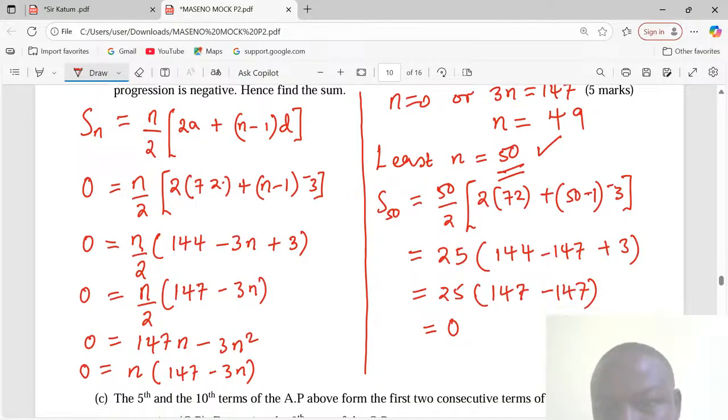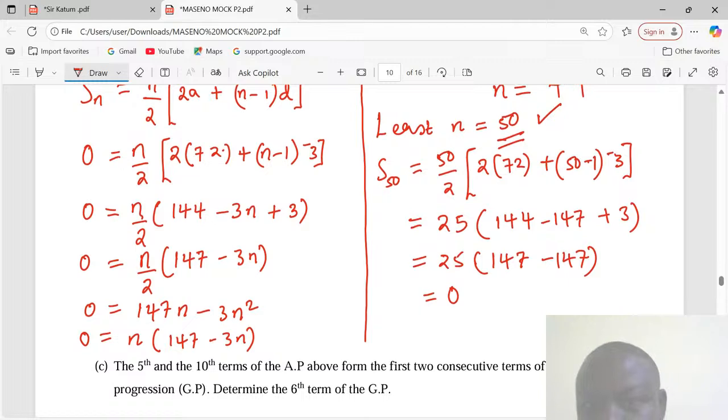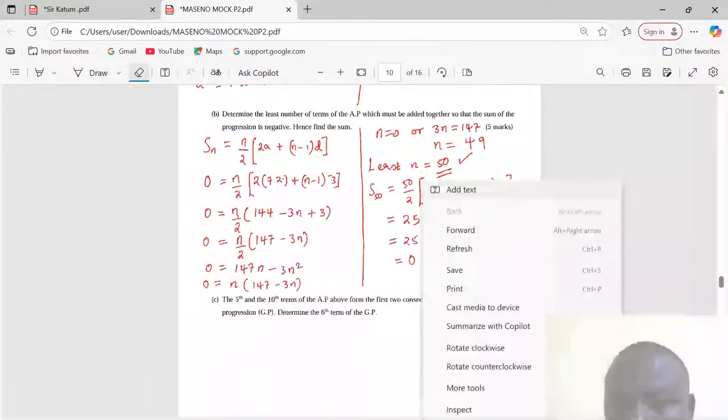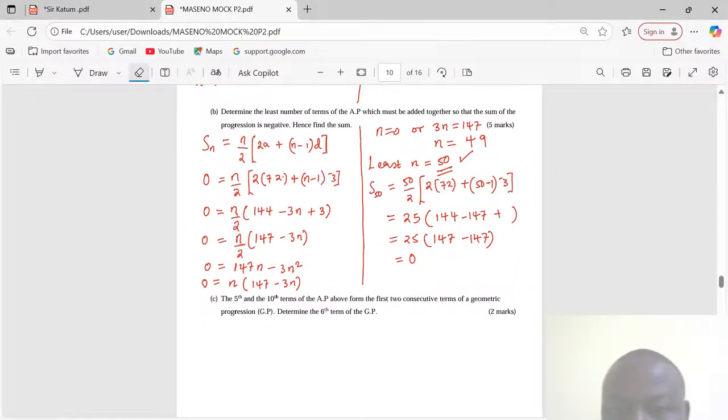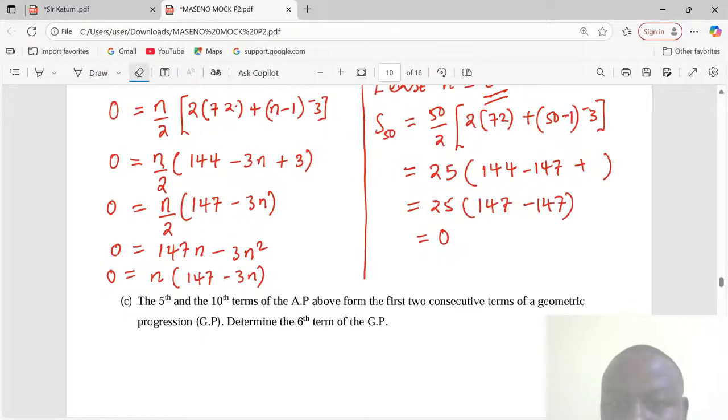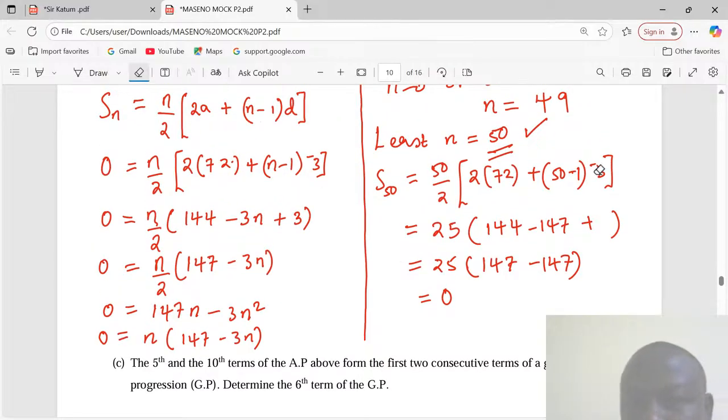n over 2, 25 into 2 times a, 75 plus n minus 1 into d. Actually, there is something here that I don't know where it's coming from. I don't know where that 3 is coming from in my working and in my formula. I think I was making a mistake there.